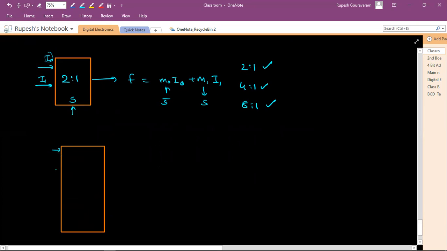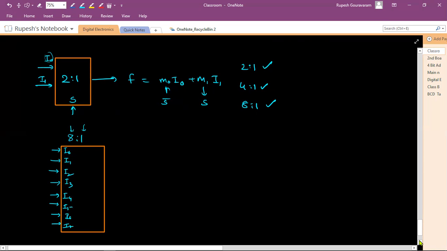Inputs will be I0, I1, I2, and so on up to I7, right? So this is an 8 is to 1 mux. So there will be 8 inputs and 1 output.